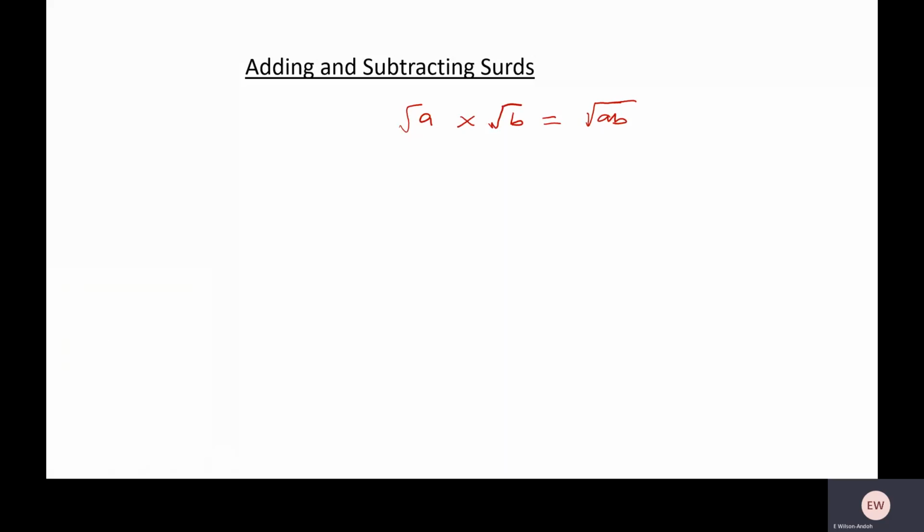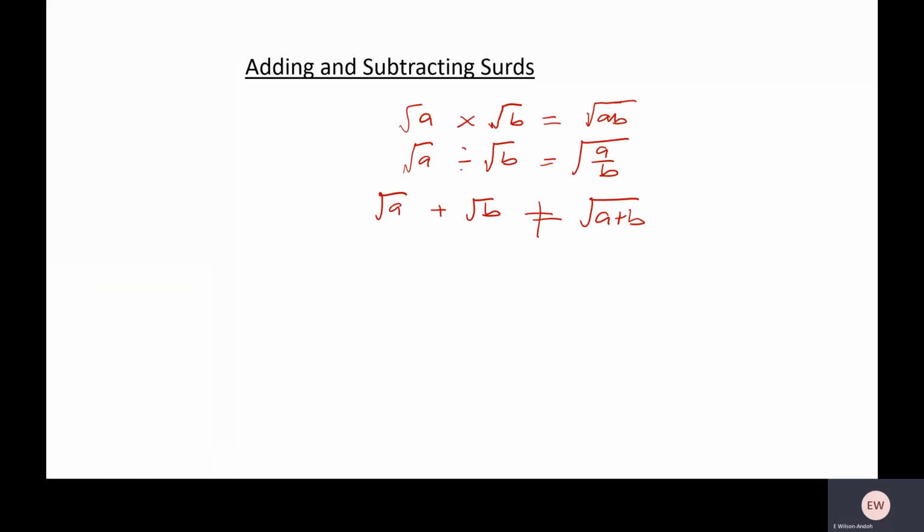And with division, if you have root A divided by root B, this is the same as root A over B. But when it comes to addition, if you have root A plus root B, we cannot write this as root A plus B. And we'll look at some examples soon.